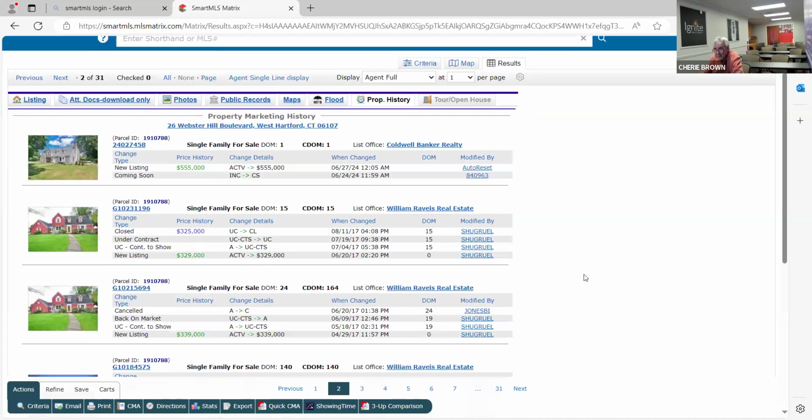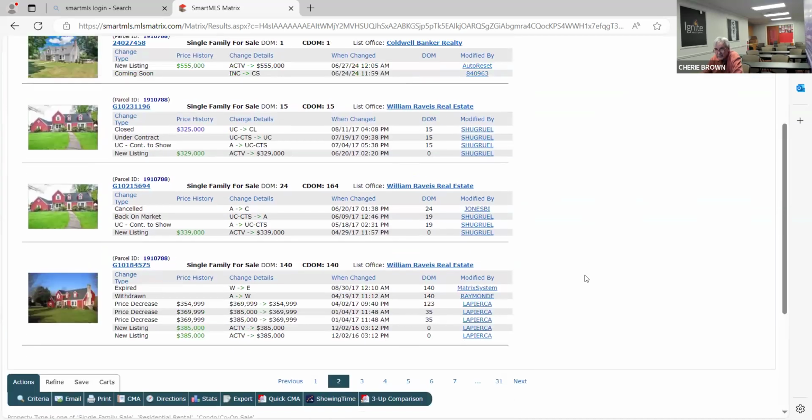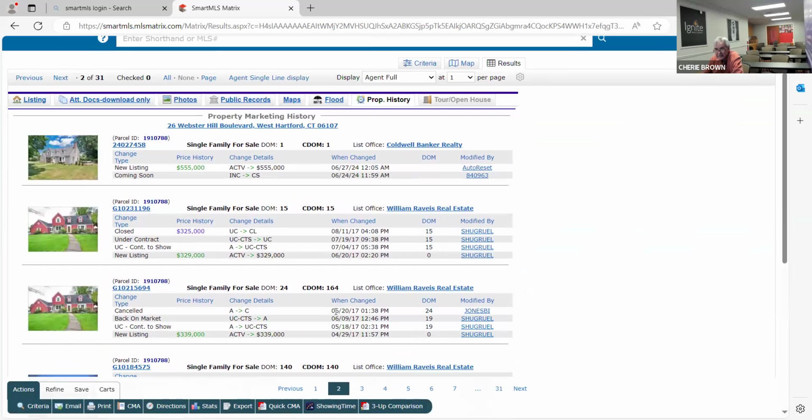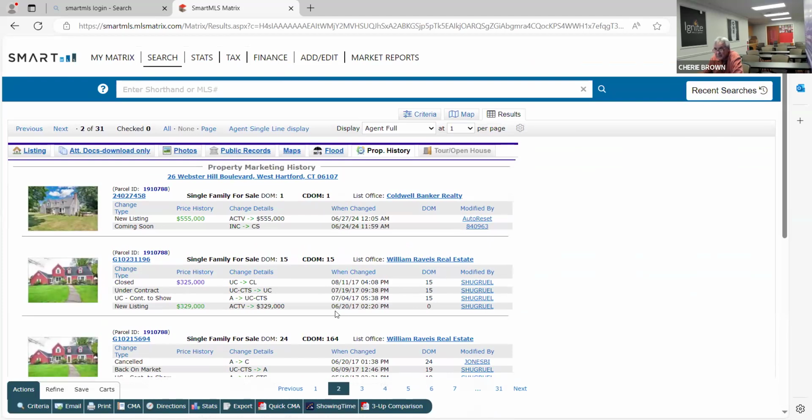This has some MLS history that dates back to 2017. You can see the house color was different. It sold for 325,000 back in August of 2017. Now here we are. It was coming soon, and then went live on 6/27, so it's only been on a couple of days.